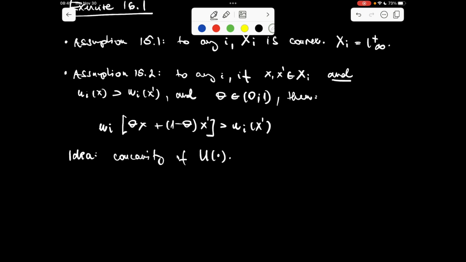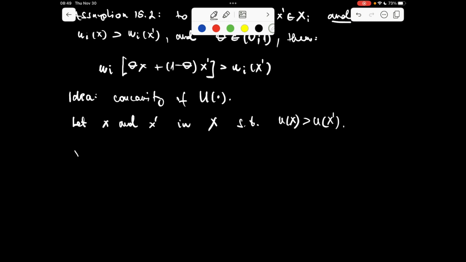So let x and x prime be two consumption paths in X such that consumption path x is preferred to x prime. And as a next step, let's create their convex combination.